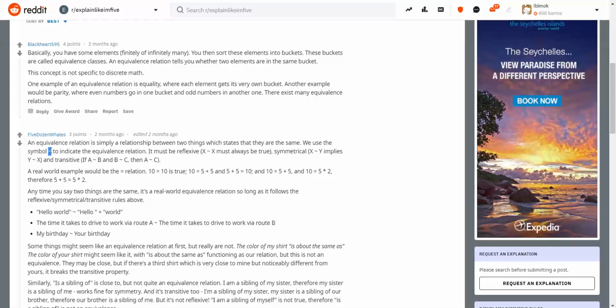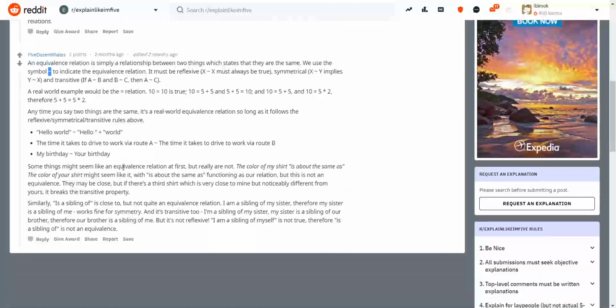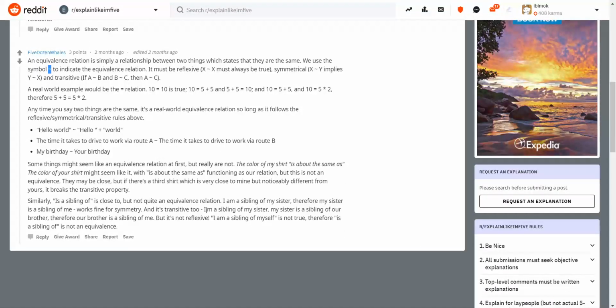Yeah, this is the symbol I've been telling you about. So use the R or use this for the relation, and he said that there's this example.